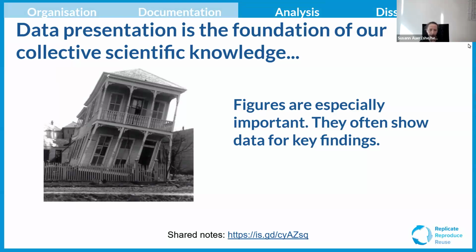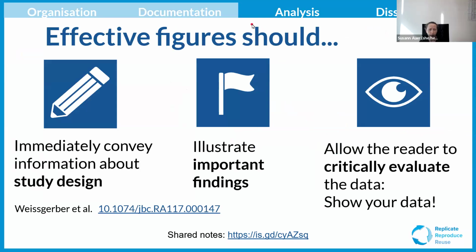So a figure often shows the data for the key findings. And so what an effective figure should do is it should immediately convey the information about the study design that you used to come to that figure. So if you did, for example, a longitudinal study where you sampled a population, like each week you did a measurement, then the study design would be this longitudinal study, and you would have to use like a line graph.